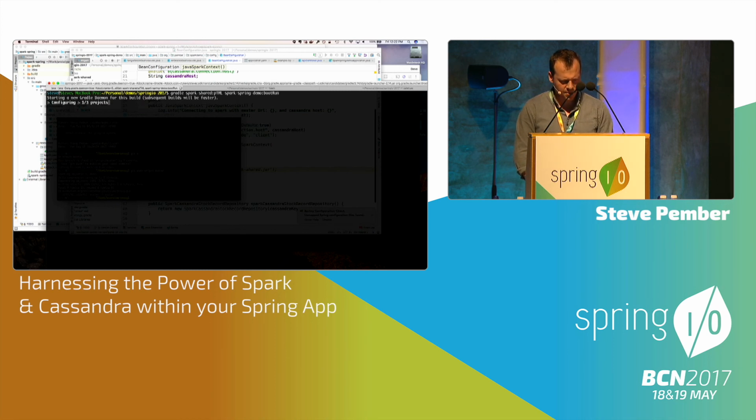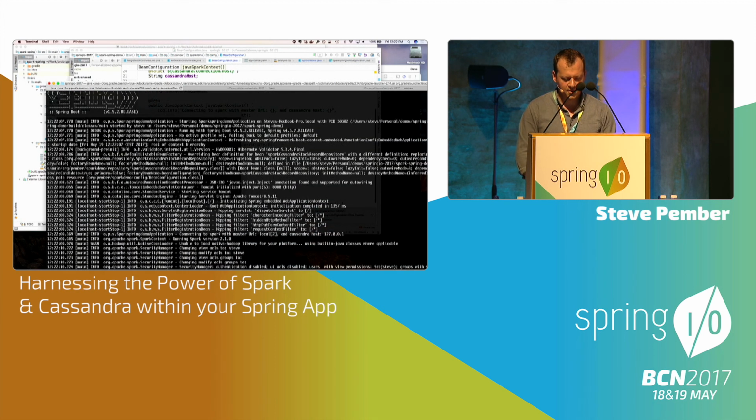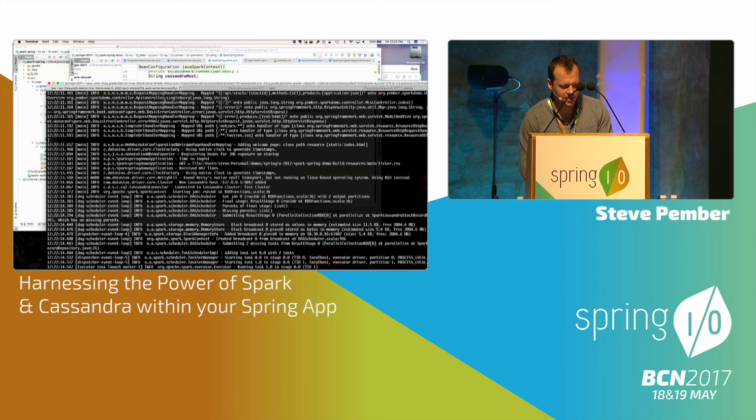That's going to start up. It's going to rebuild my little shared library that contains all of the code that actually gets executed by Spark, and then it will start the client application, which is going to make use of the information.